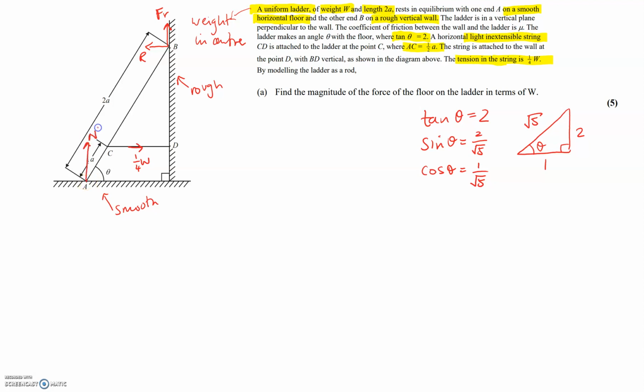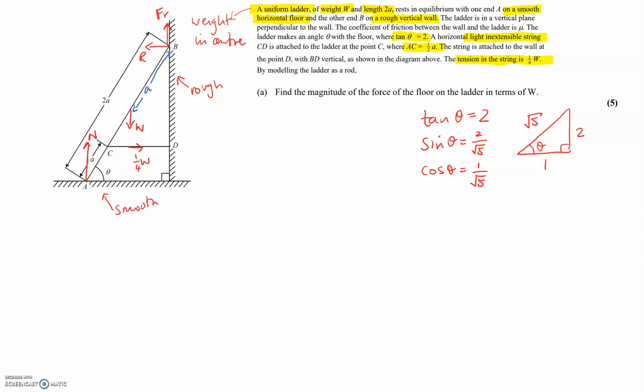Let's call it N for normal reaction force. The only other force is the weight of the ladder itself, which is W, and because it's uniform, it acts in the center. So the distance from the end is going to be A if the whole ladder is 2A.